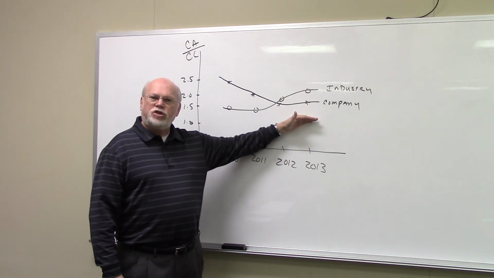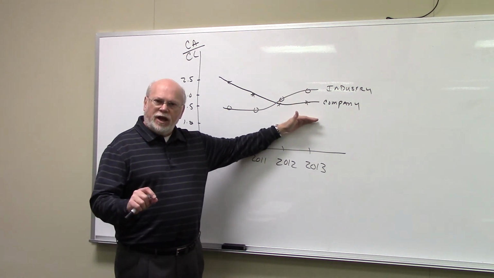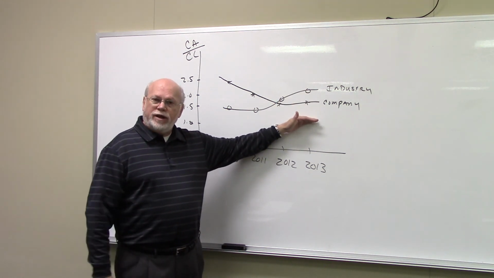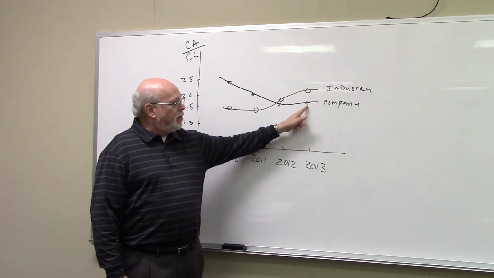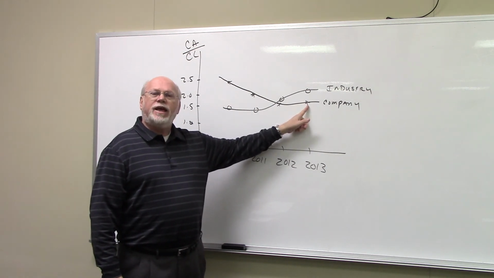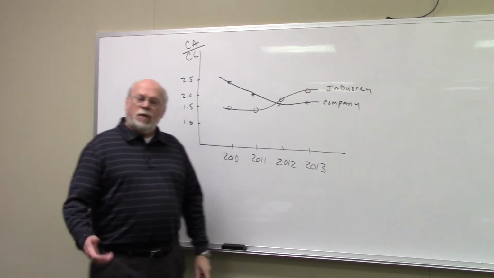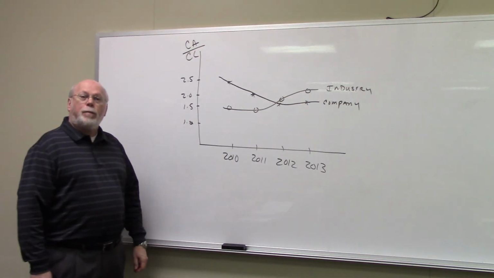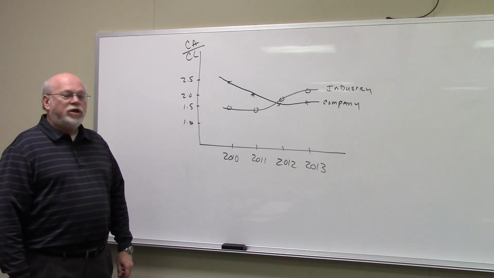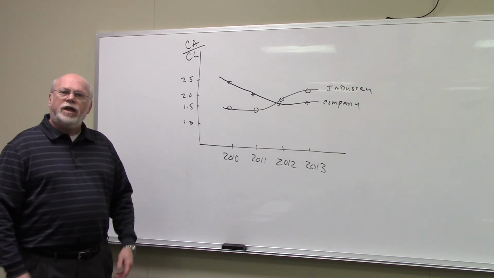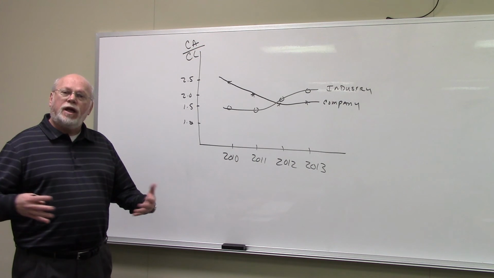Our ability to meet our short-term indebtedness has declined. And in 2013, our ability to meet our short-term indebtedness is below that of the typical firm in the industry. That's a comparative analysis. That's when you compare the company to some industry average.